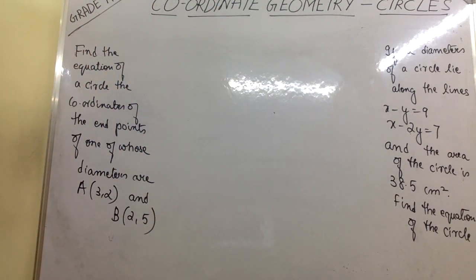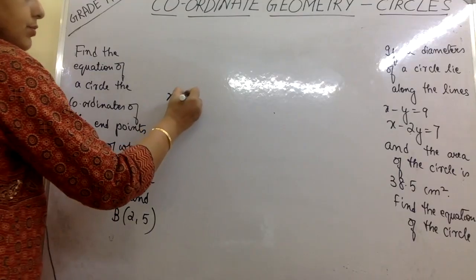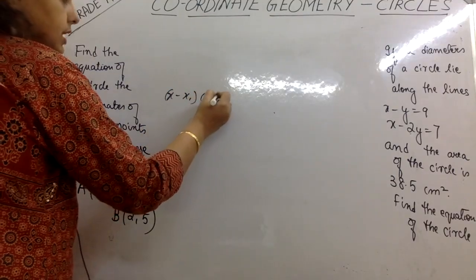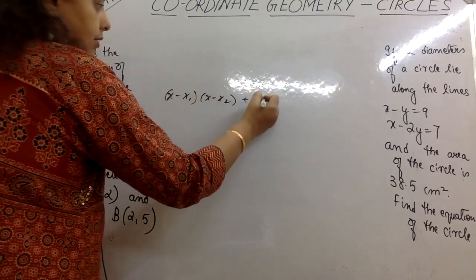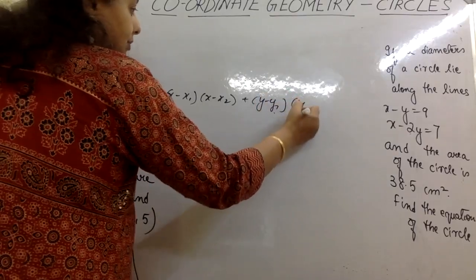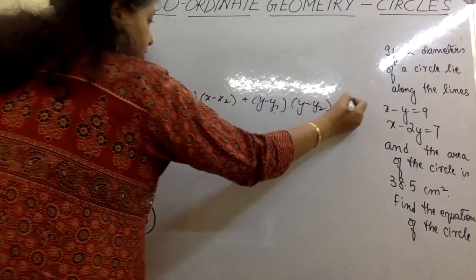So we remember the formula: (x minus x1)(x minus x2) plus (y minus y1)(y minus y2) is equal to 0.